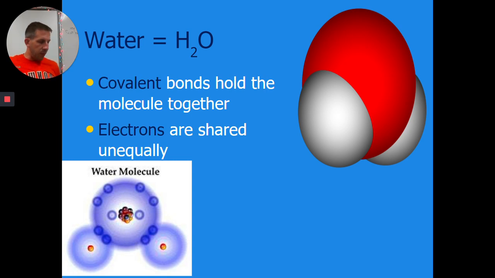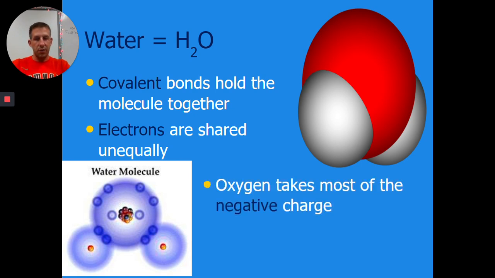Right? Ionic bonds mean that some molecules will steal those electrons, more or less, and hold them tightly away from where they took them from. Whereas covalent bonds mean the electrons are shared, unequally in this case.